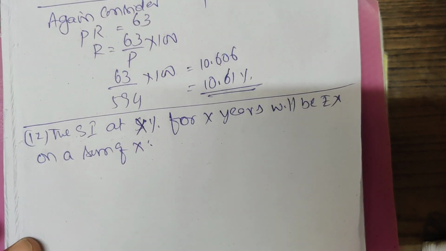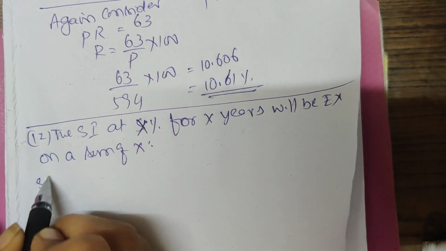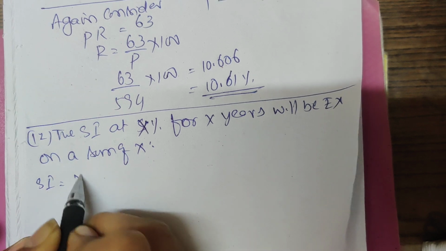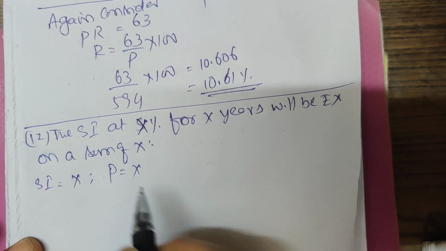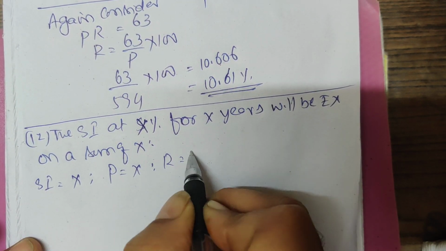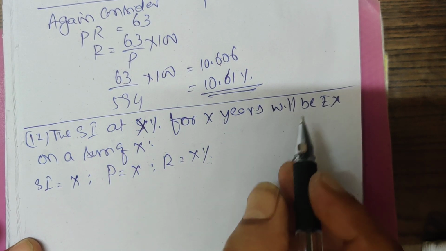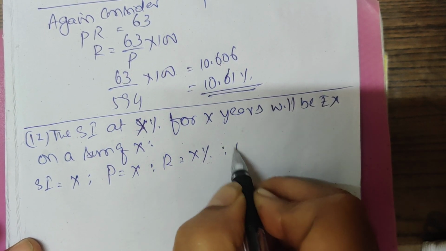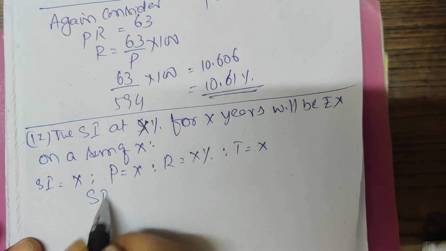This is my question, sir. Let us see the information. Simple interest is x, principal is x, rate is x%, time is equal to x.